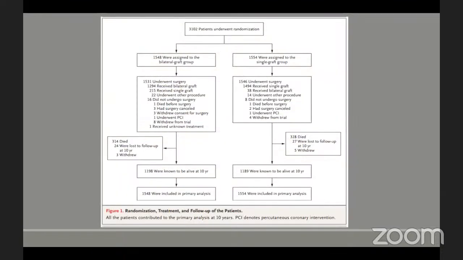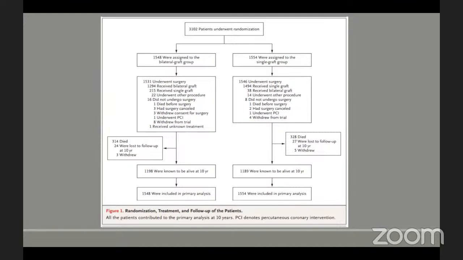Of 3,102 patients in the randomization, 1,554 were assigned to the single graft group. Of those, 1,546 underwent surgery, 1,494 received single graft, 38 of those received bilateral graft, 14 underwent other procedures. 8 did not undergo surgery: 1 died before the surgery, 2 had surgery canceled, 1 underwent PCI, 4 withdrew from trial.